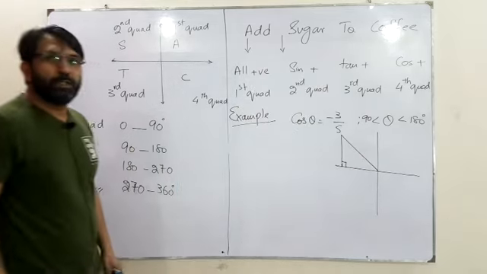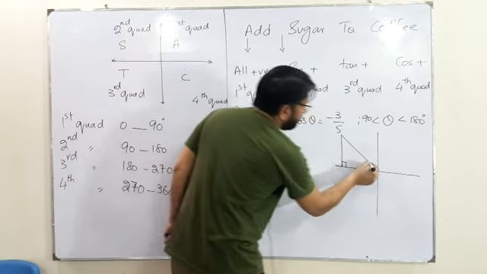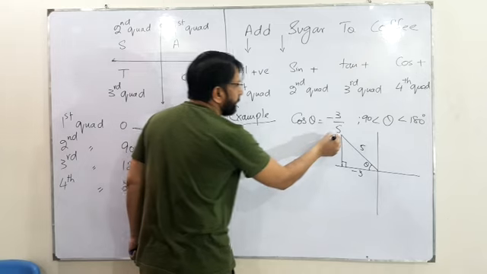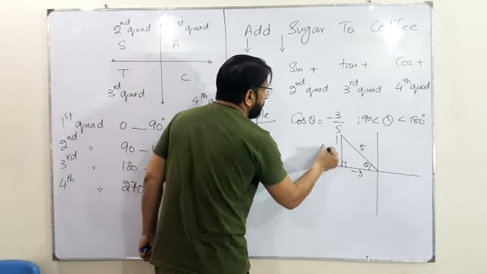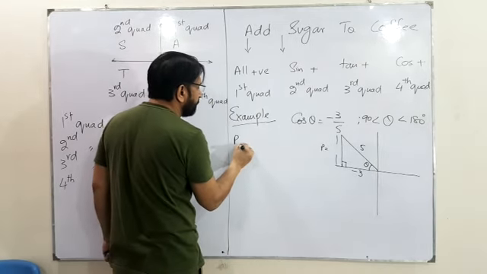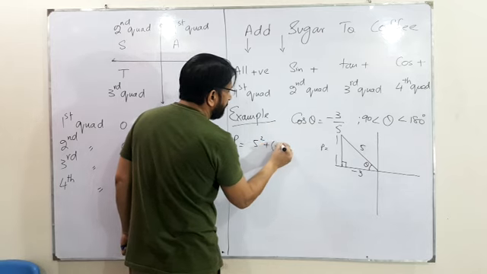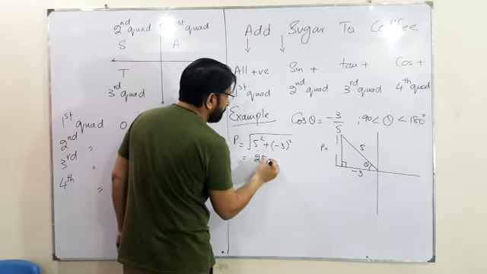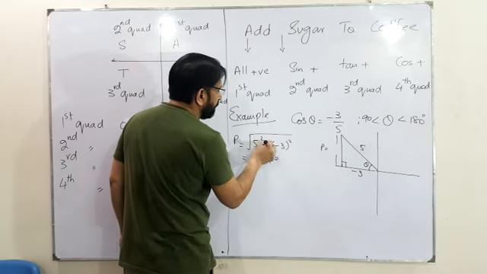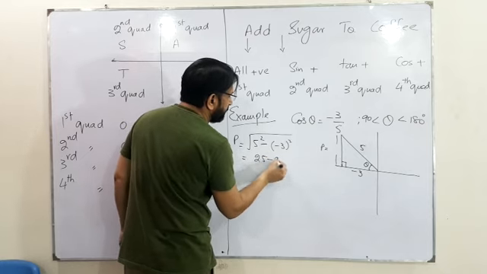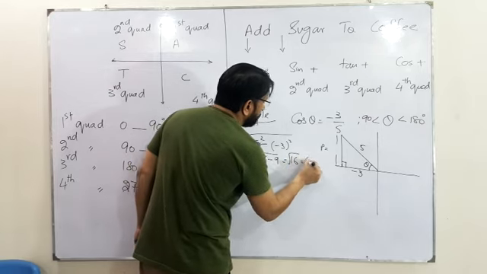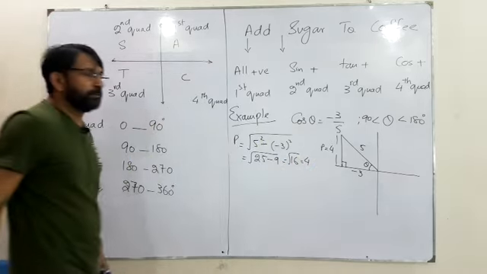Since this is the left side, this is your theta, this is minus 3 and this is 5. You can find this value, which is your perpendicular, by using the Pythagoras theorem: square root of 5 square plus minus 3 whole square. Minus sign is there. So this is going to give you square root 16, which is 4. So this means this is 4 here.